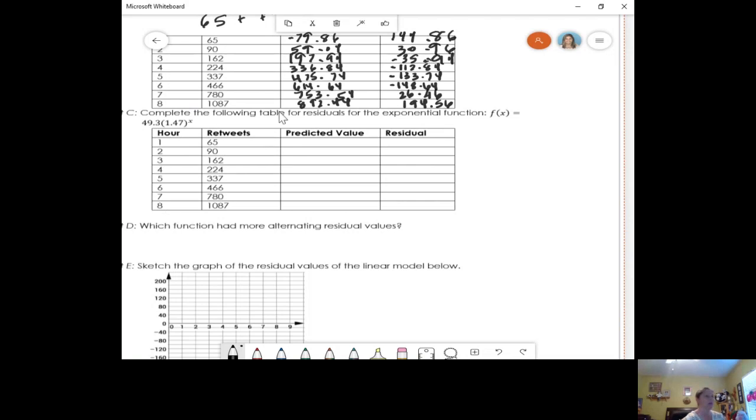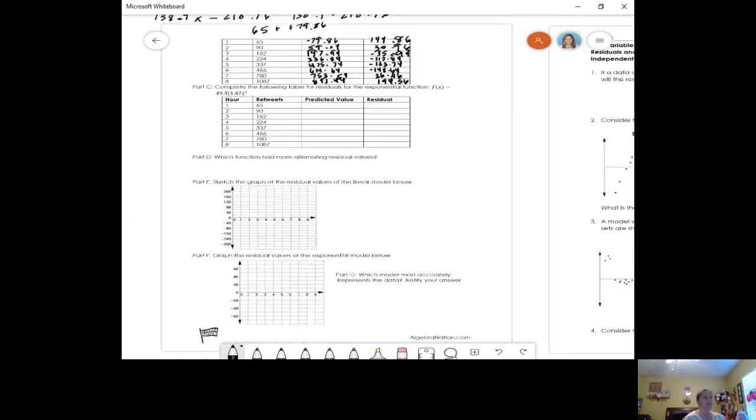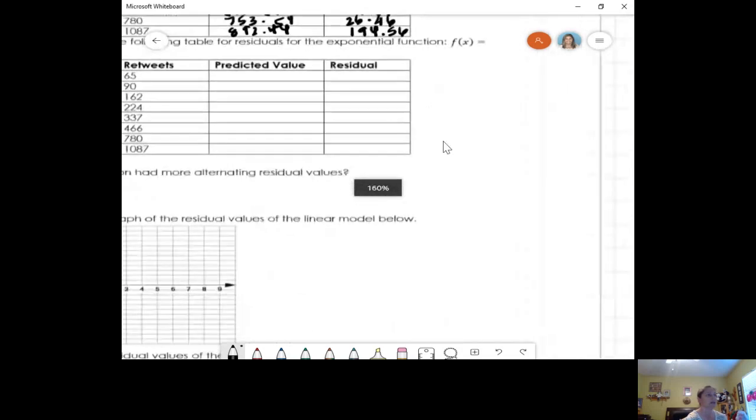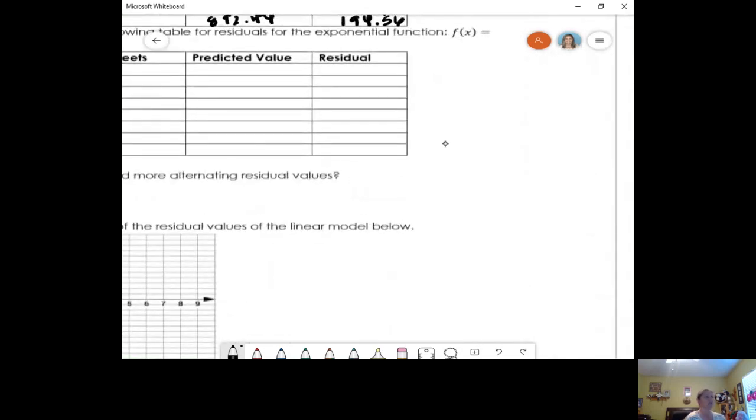If we substitute in 1, we get 72.40. Didn't like that larger version, let's try this again: 72.40 and 47 hundredths. Once again, subtract. Then this one gives me 106.53.